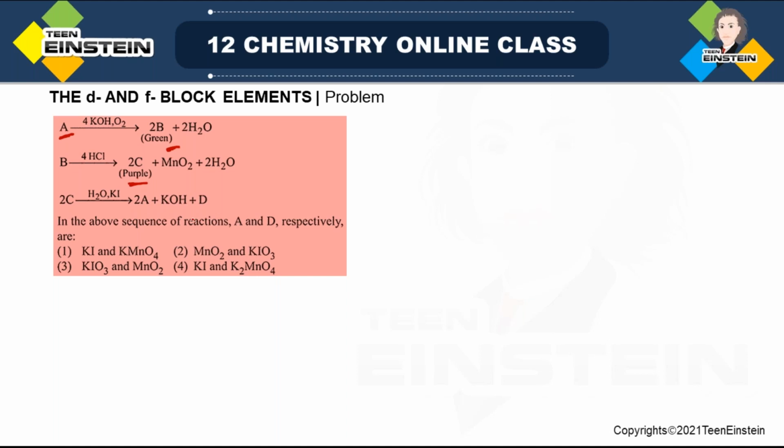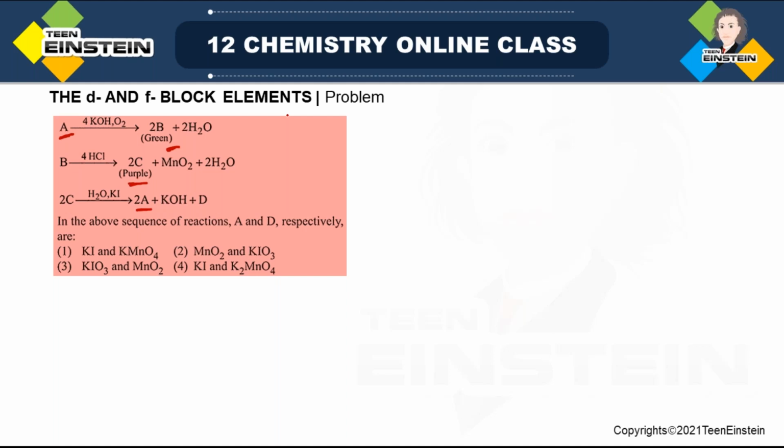This unknown compound is purple in color. Manganese oxide, MnO2, and water are also formed. Now this unknown compound C, further if it reacts with water and potassium iodide, it is again giving us the initial starting material, which is A, KOH and D also produced. So here we have basically 4 unknown compounds, A, B, C, D. But the question is asking that in the above sequence of reactions, A and D respectively are.